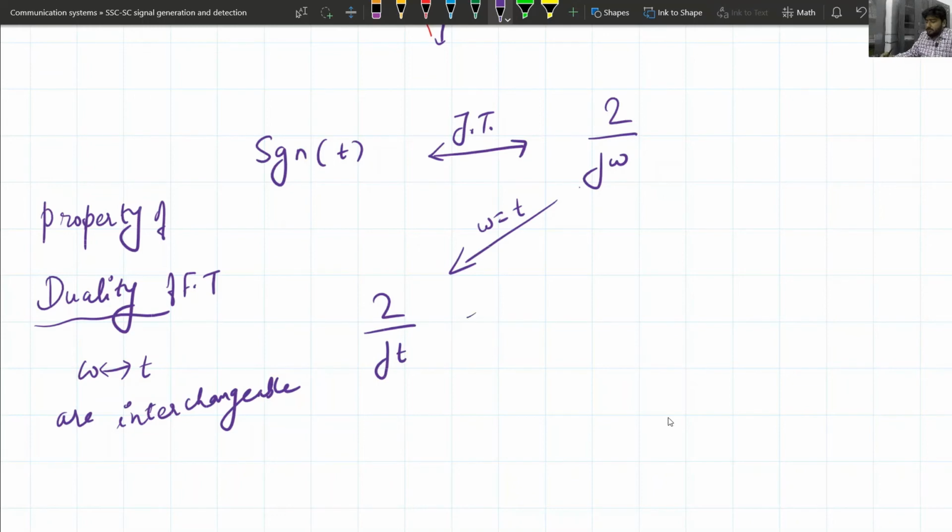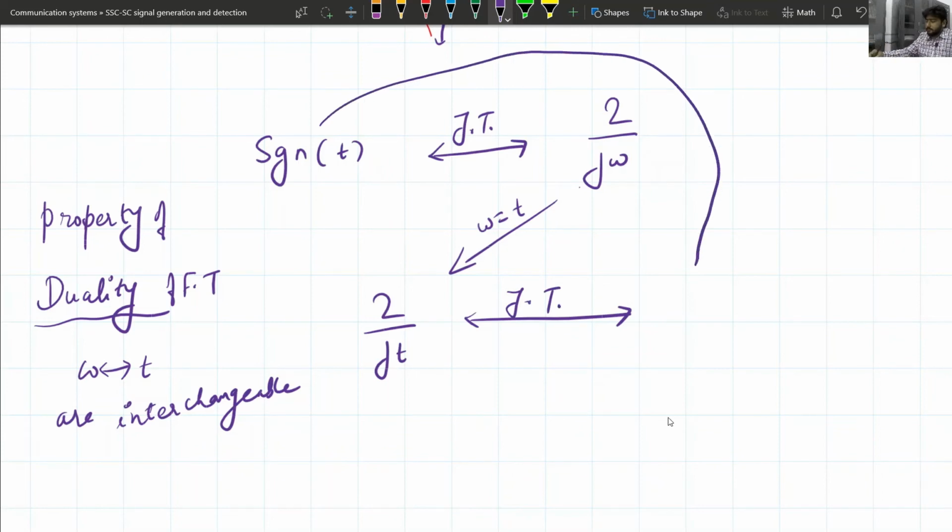Then for this signal, its Fourier transform is given by, just by putting t equal to minus omega, 2 pi times sgn of minus omega.